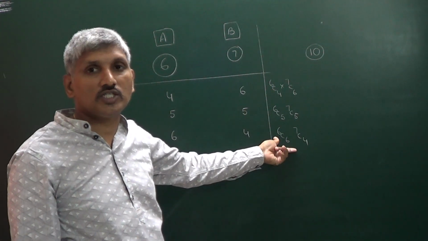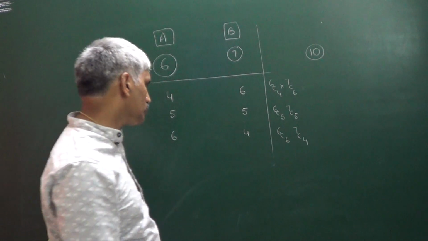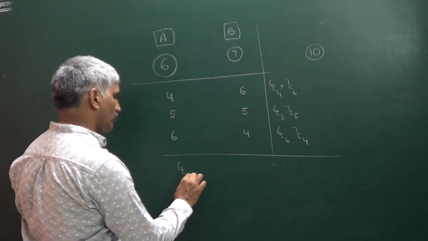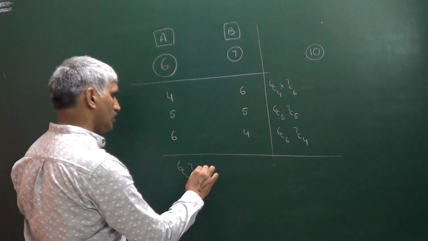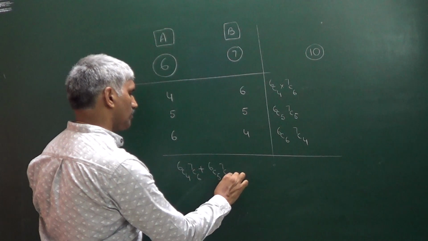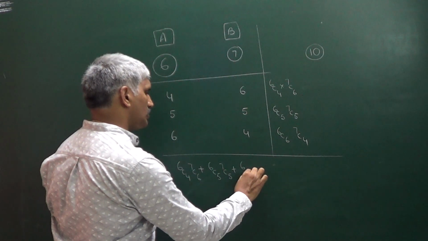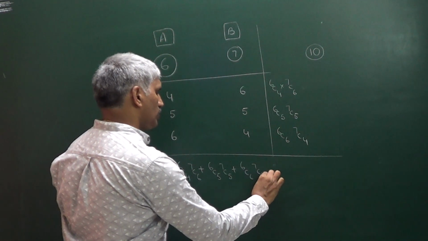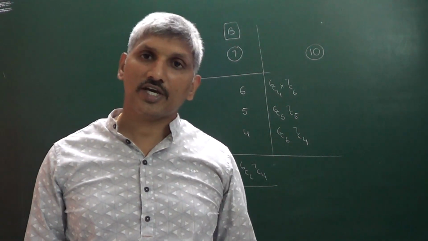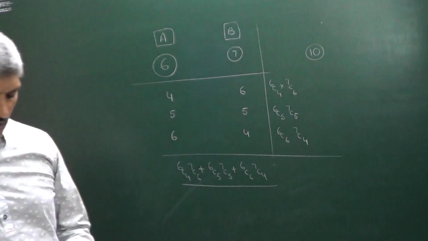Therefore the required number is 6C4 into 7C6 plus 6C5 into 7C5 plus 6C6 into 7C4. This total sum is the answer for the number of different ways he can answer the exam.